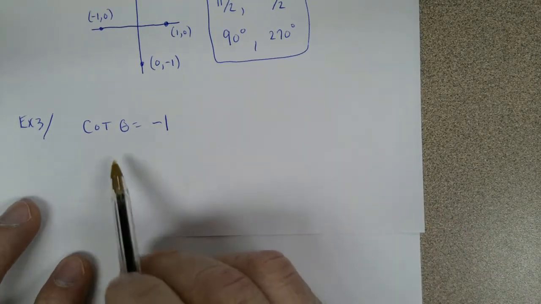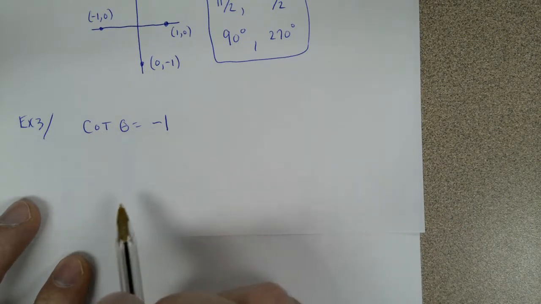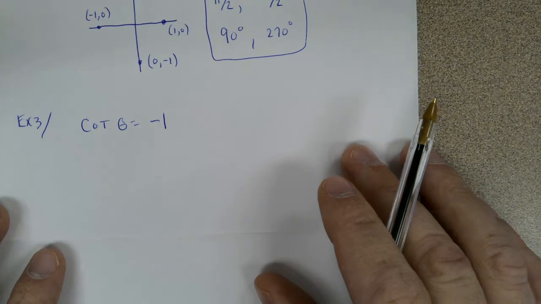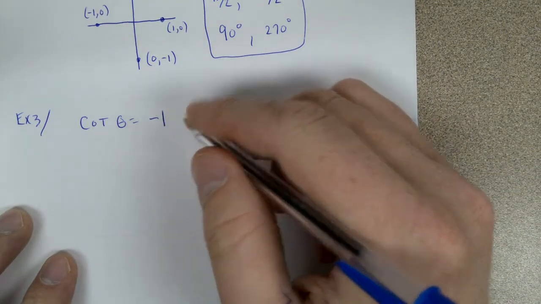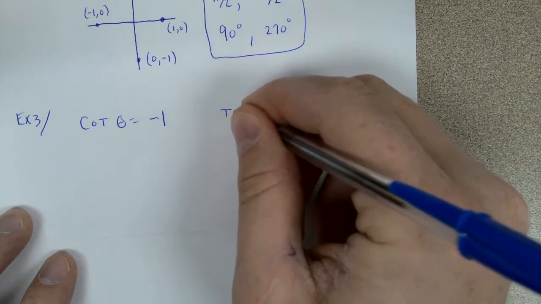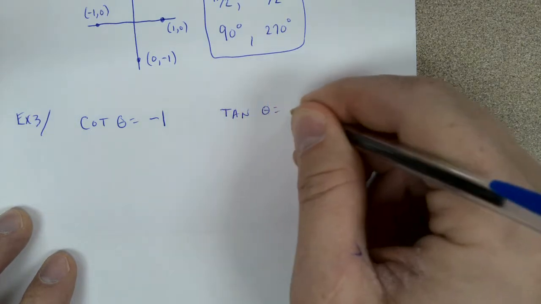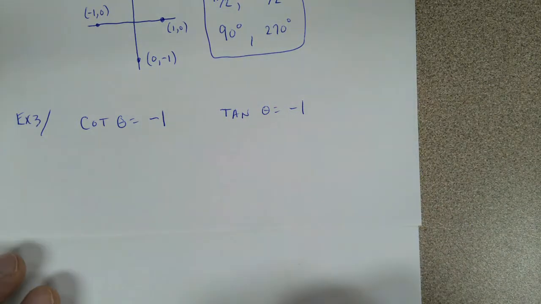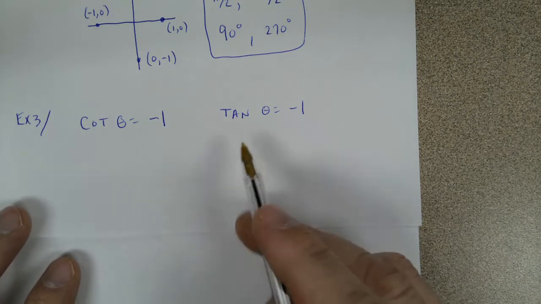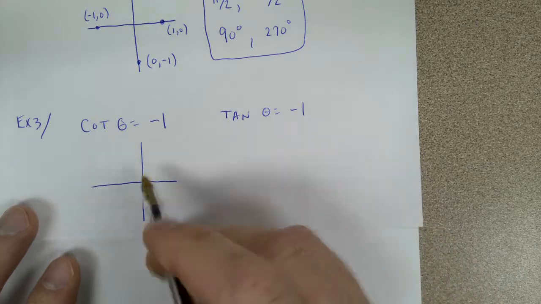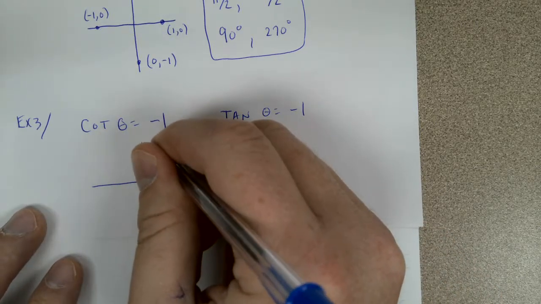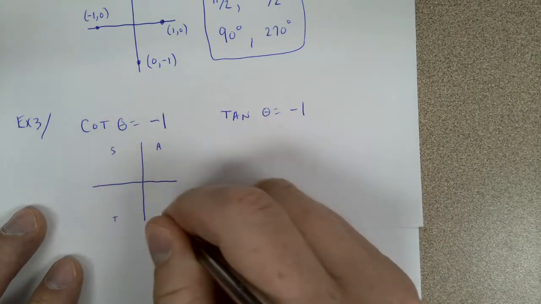Okay, I'm going to go ahead and go through this one. Cotangent theta equals -1. The way I would think of this is, if cotangent theta is -1, that tells me that tangent theta is also -1. So where is tangent going to be negative? Remember, all students think college.